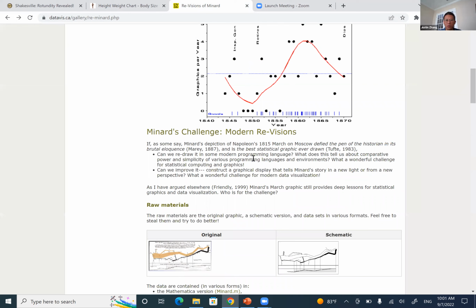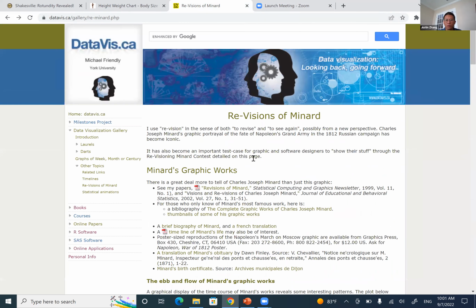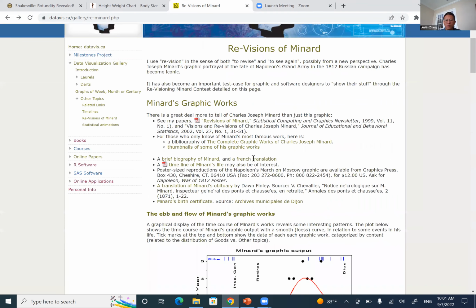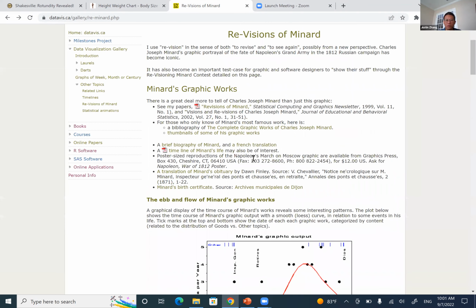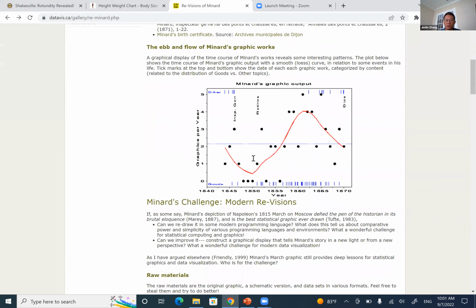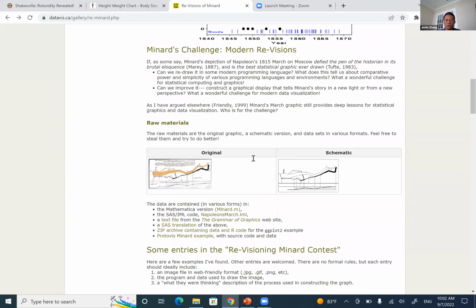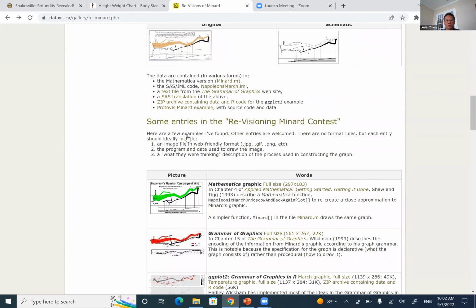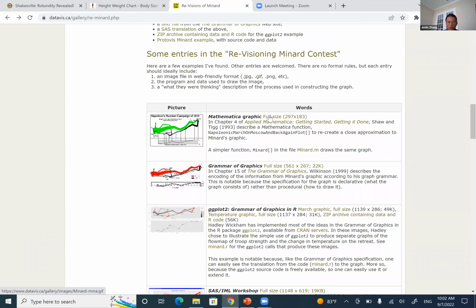So you can actually Google it and get to this website. A lot of people try to redo Minard's graphic work. So this webpage summarizes what has been done. Like this one called Mathematica graph, they did this with Mathematica.